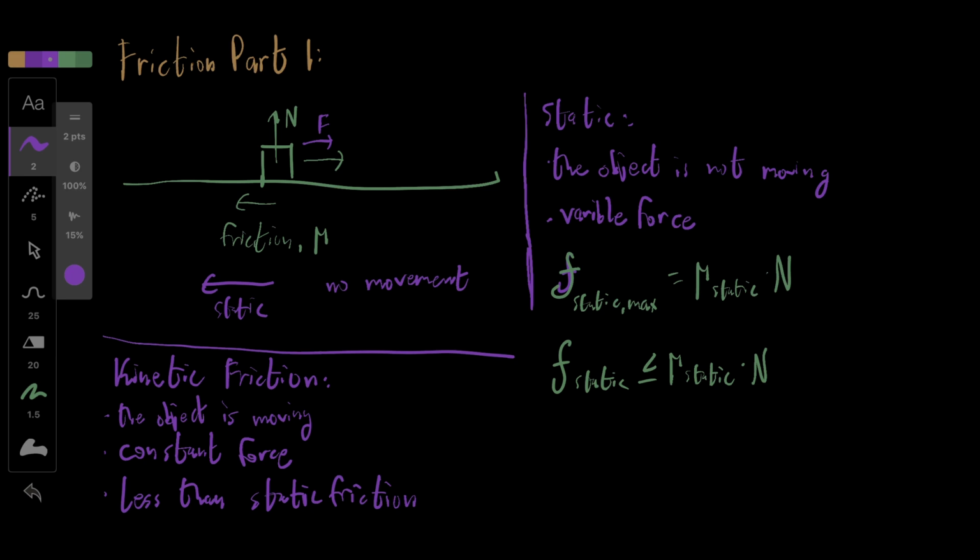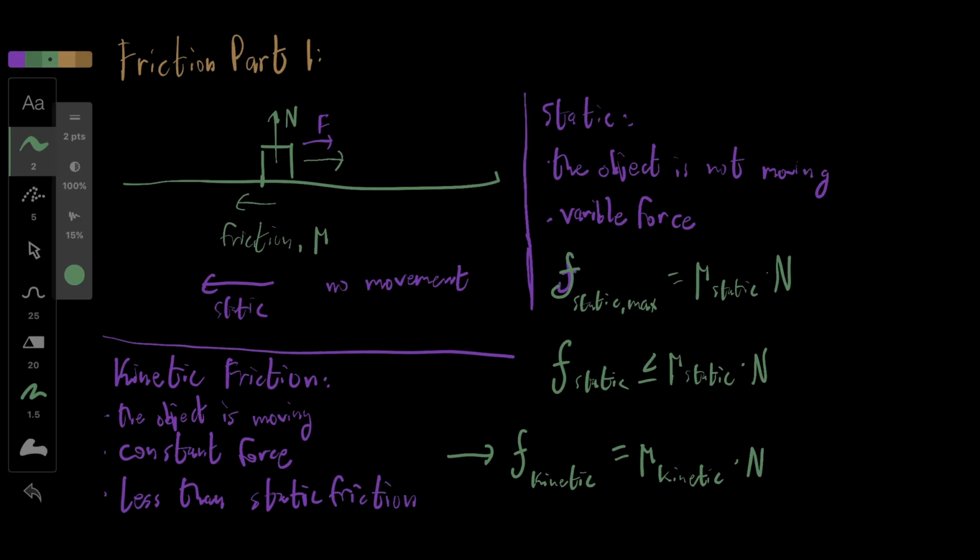But that's what static friction is. So it leads to a contradiction, and that's not allowed. But what is kinetic friction? Well, kinetic friction is basically equal to the coefficient of kinetic friction multiplied by the normal force.